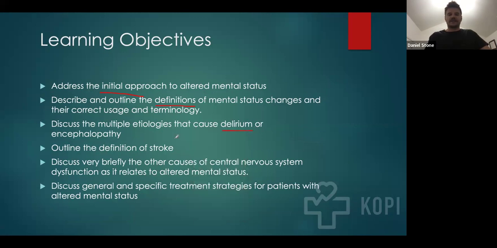We're going to talk a lot about delirium and encephalopathy, the differences between the two, but also the possible causes of delirium and encephalopathy. We're also going to talk a little bit about stroke, but we're not going to have a comprehensive lecture about stroke because that's a humongous topic in itself. We're going to talk a little bit about CNS dysfunction and how it relates to altered mental status, the specific entities that can cause CNS disruption, and a little more about treatment as well.